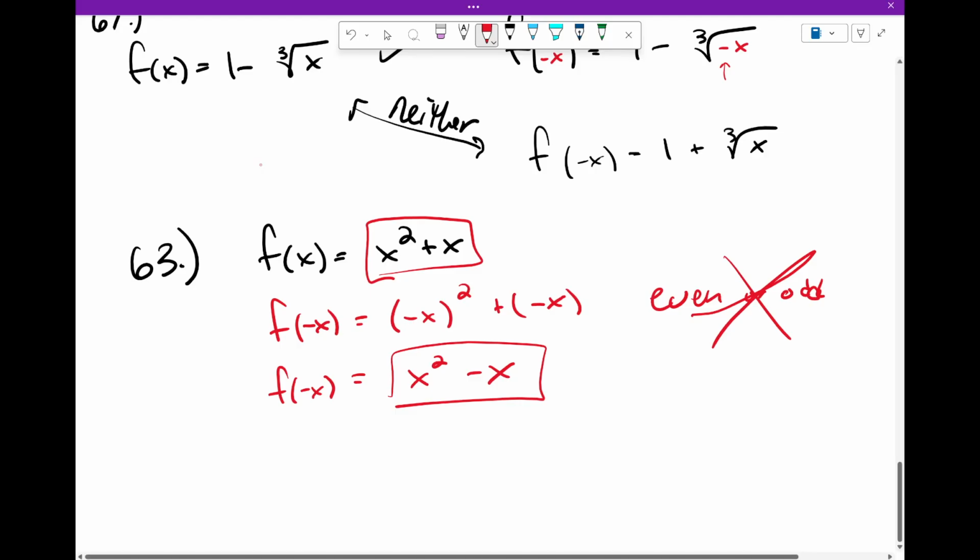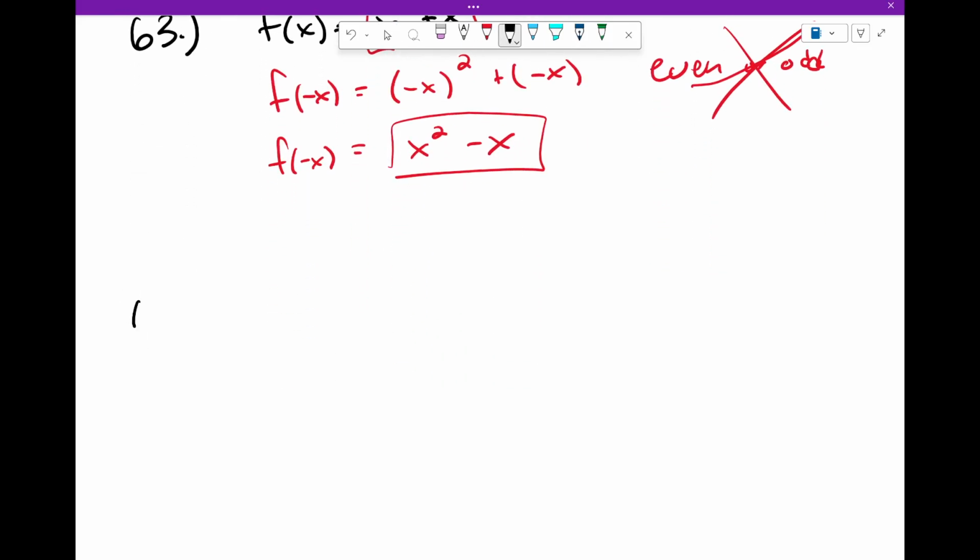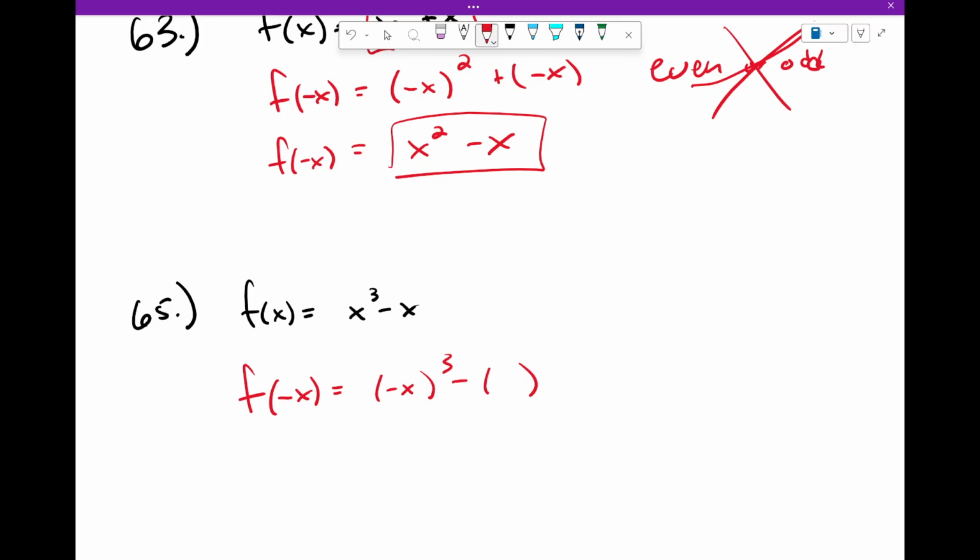Okay? Now let's look at 65. So 65 is f of x equals x to the third minus x. Now if I do this, and we do negative x, let me write it in red. So I put a negative there and a negative there, then I simplify a little bit.